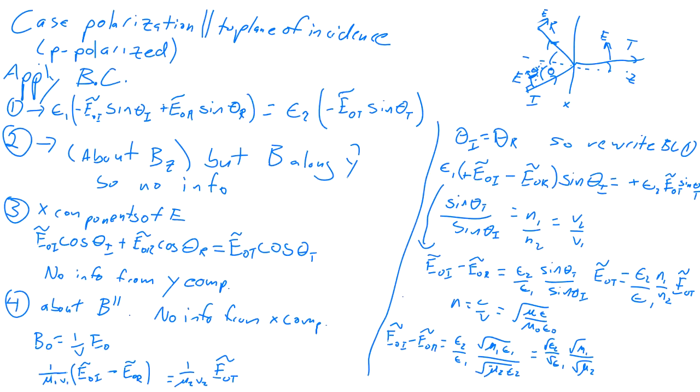All right, and so I can write this right here as the same thing. We've got an extra mu1 right here, extra mu2 here. This is square root of epsilon 2 mu2 over square root epsilon 1 mu1, and I've run out of space.